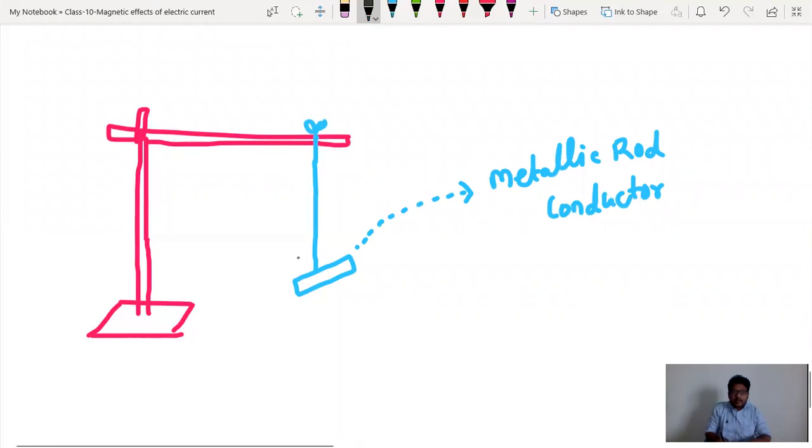Now place the horseshoe magnet such that this conductor should be in between two poles. So if this is the horseshoe magnet, that conductor should be here, between these two poles, north and south.